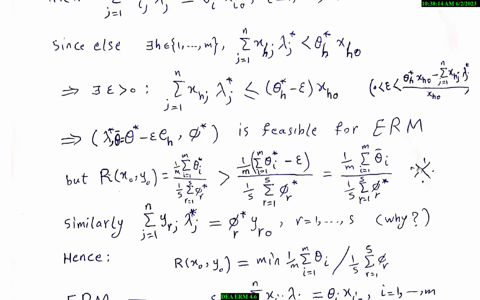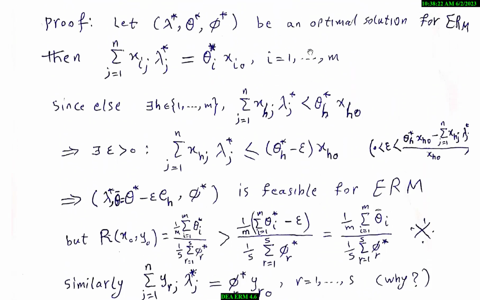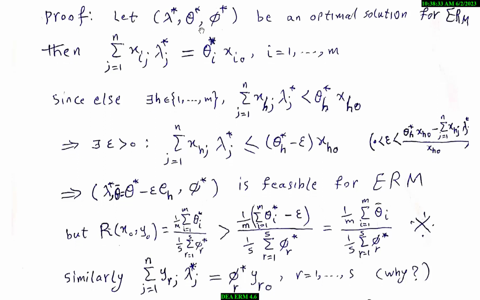This contradiction shows that we cannot have any h with strict inequality, so we should have all these constraints in equality for any optimal solution.